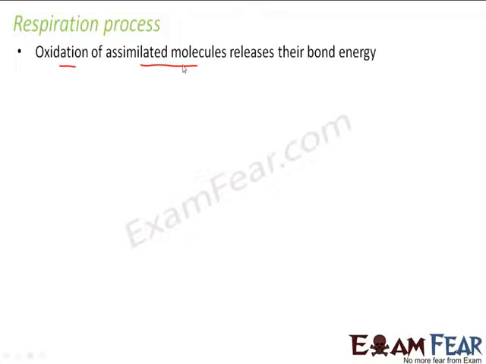What are these assimilated molecules? They are nothing but the simple food particles, because the complex food was converted into the most simple form. The simplest form of food would mean glucose. So this glucose will be oxidized, and this glucose is nothing but the assimilated molecules.